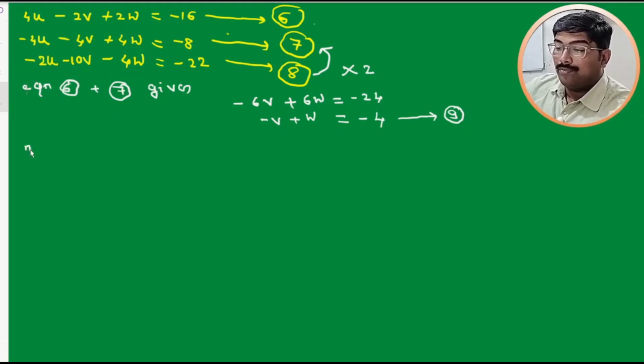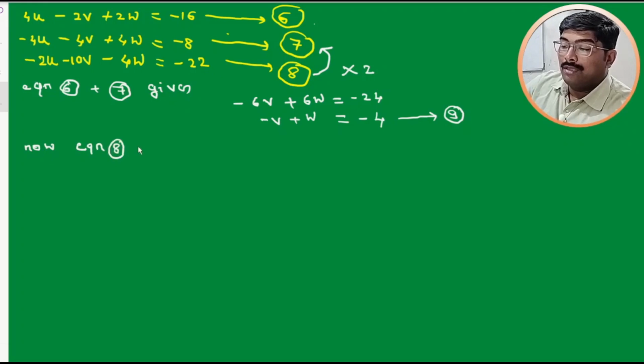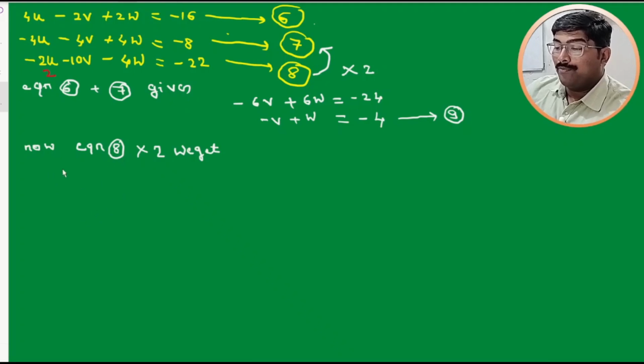Now equation 8 multiplied by 2, we get: 2 into minus 2u is minus 4u.